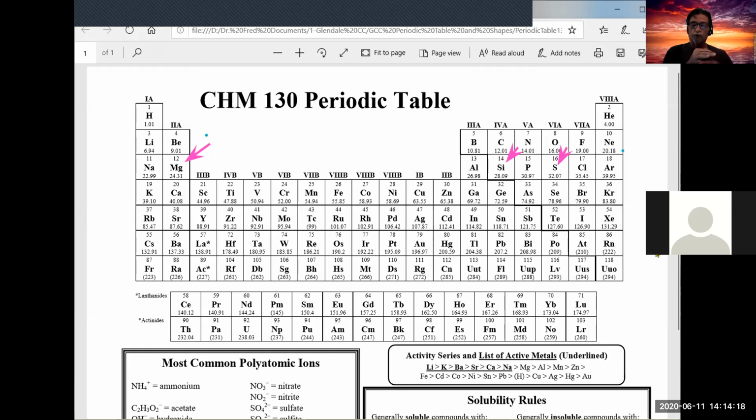And they're going across the periodic table. They're in the same period, so they're the same energy level. But as we go from 12 to 16, we increase the number of protons by 4, and we increase the number of electrons by 4. And so there's more force between the protons and electrons, resulting in sulfur being smaller.